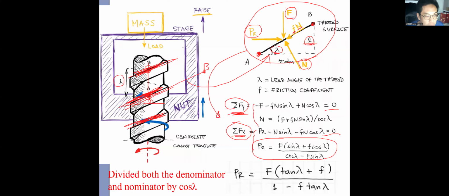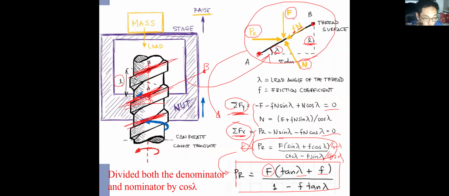We divide both the numerator and the denominator by cosine lambda, and we find the PR in terms of the load, the lead angle, and the friction coefficient.